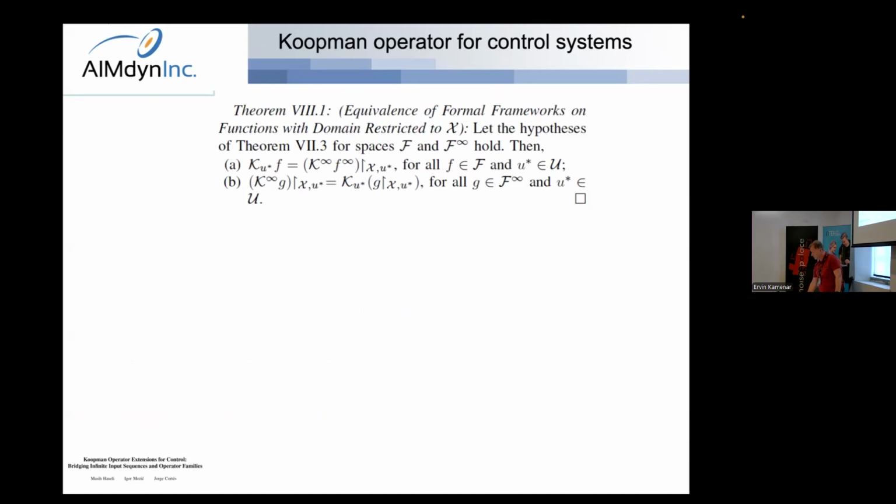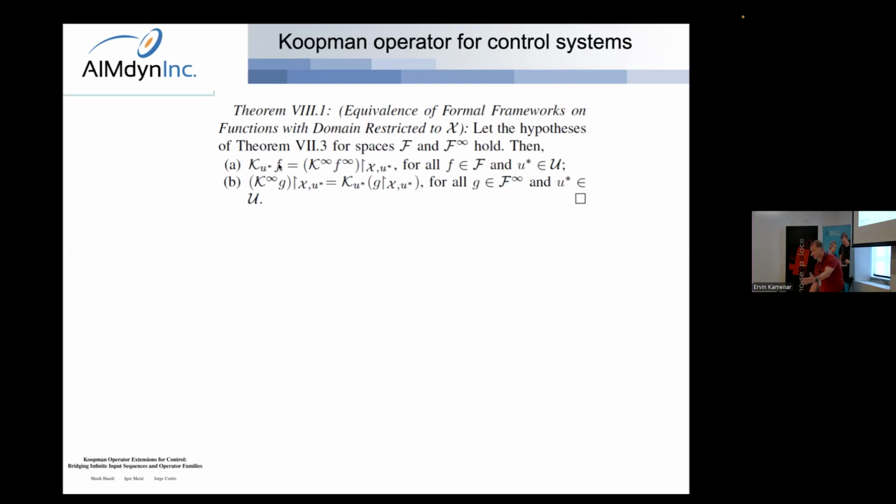Now, how do these functions actually play together? So the formal frameworks are actually equivalent with domain restricted to the state space. You start with F infinity, you evolve it with K infinity, which is on the tensor product space. You restrict it to chi and u star, and you get the evolution with u star.